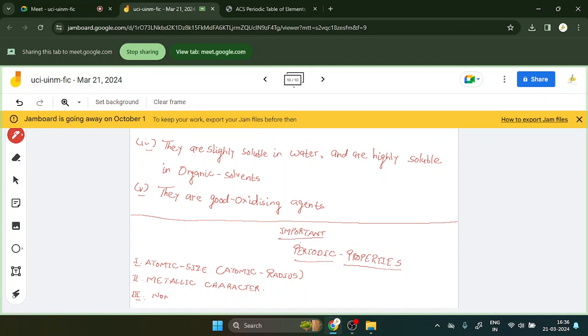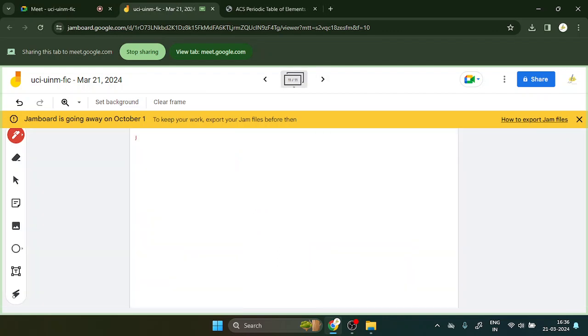Number third, non-metallic character. We will also see what happens to the non-metallic character along the period and down the group. Then we will look at ionization potential, number fourth. Ionization energy is also called ionization potential. The meaning is the same for both.